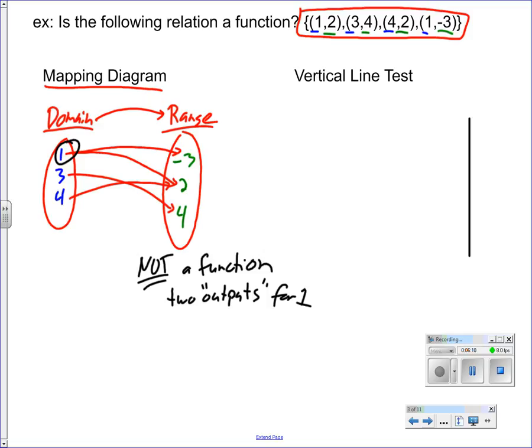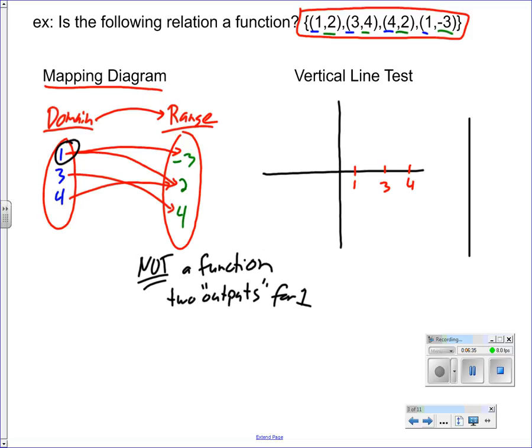The other way we can check to see if it's a function is to use the vertical line test. So the way we do the vertical line test is we look at a graph of the relation. So if I draw my axes, I have for my domain 1, 3, and 4.